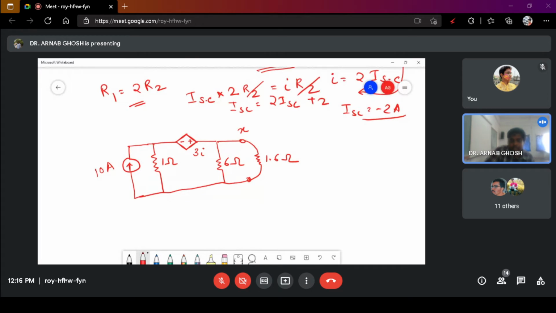These are the terminals X and Y. I is the current through this circuit. You have to calculate the power loss in the 1.6 ohm resistor.